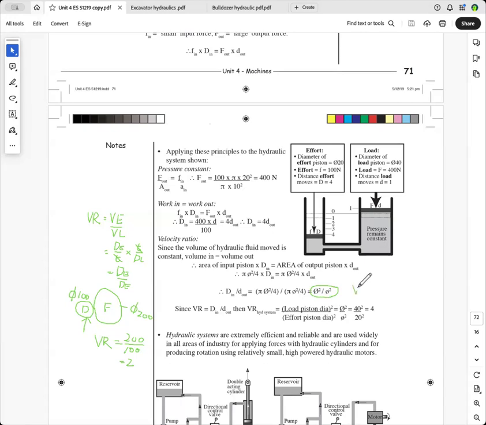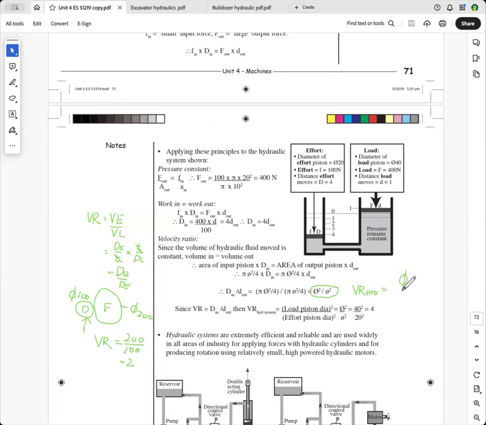So the velocity ratio of a hydraulic system, and you'll be given the radius of the pistons or the area of the pistons or the diameter of the pistons or the circumference of the pistons, will equal big D squared.